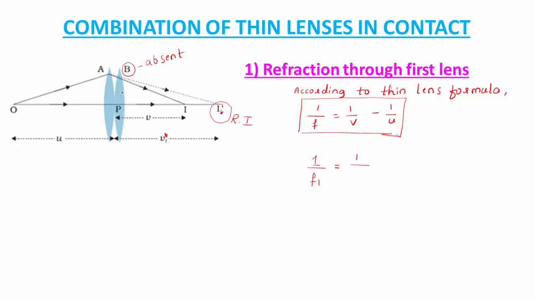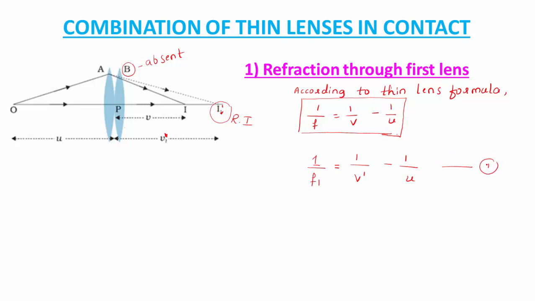Where is the image formed in the first case? At point I dash. So image distance will become V dash: 1 by V dash minus 1 divided by object distance, the object is at O, so object distance is denoted by U. So 1 by F1 equals 1 by V dash minus 1 by U. Let us take it as equation number 1.